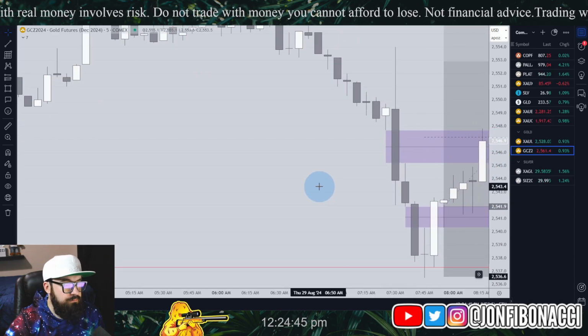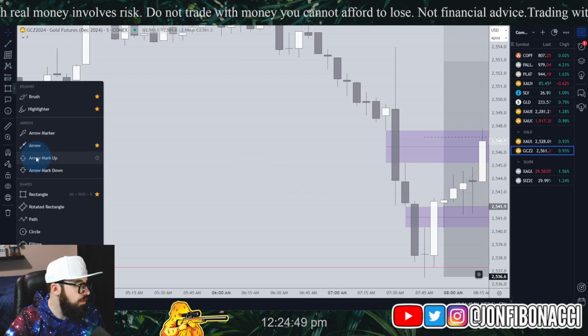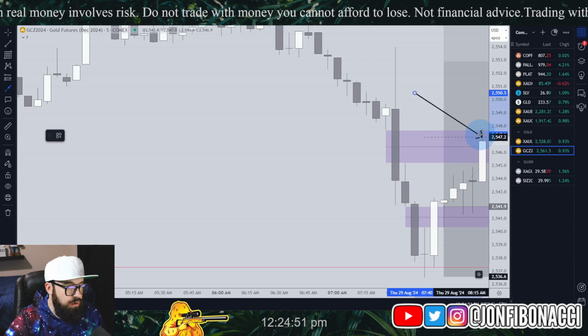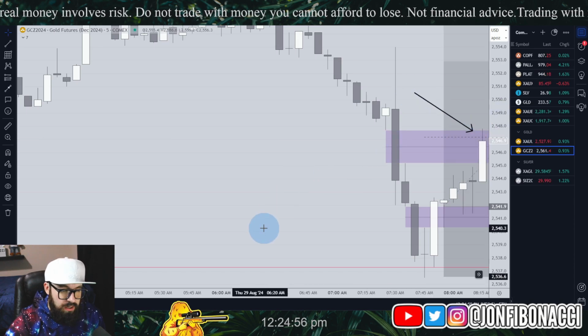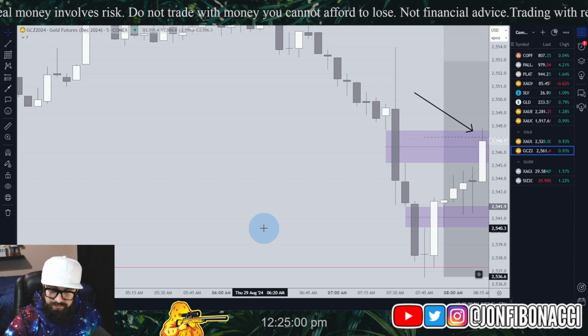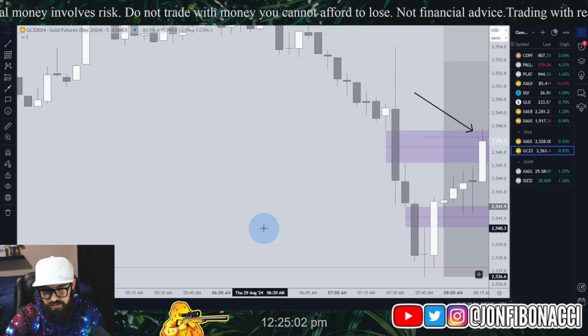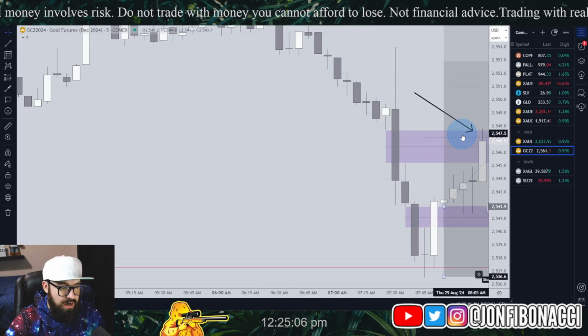Can you see it? Right there. See that? That up candle does not have to close above it. Doesn't have to do it. It just has to go past it.